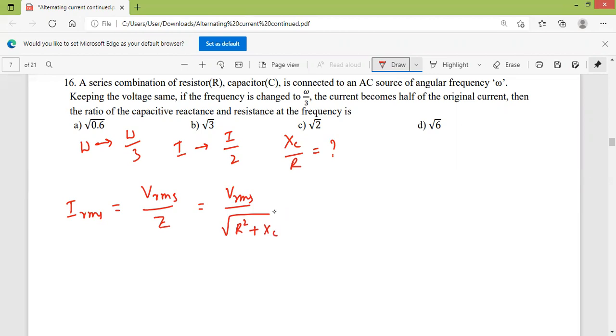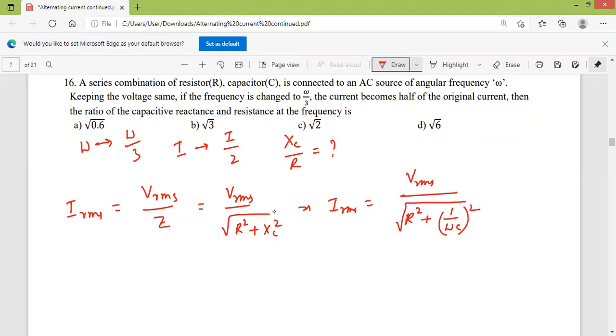The inductor is not connected, therefore inductive reactance is equal to 0. Hence it's R square plus XC square. That implies IRMS is equal to VRMS divided by square root of R square plus, the capacitive reactance, 1 by omega C, whole square.